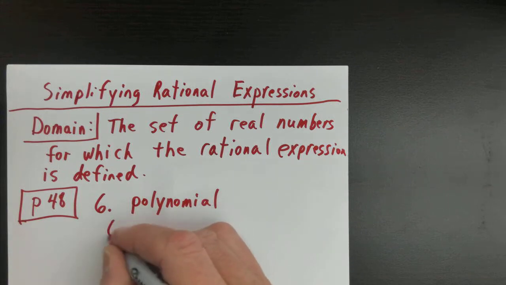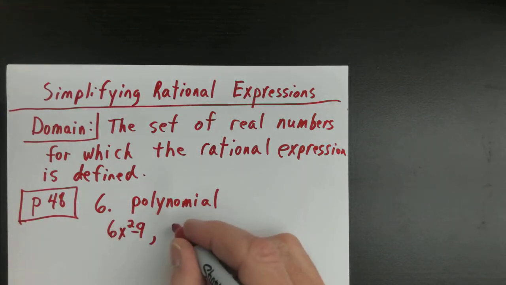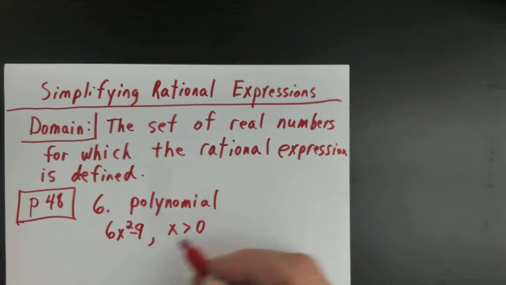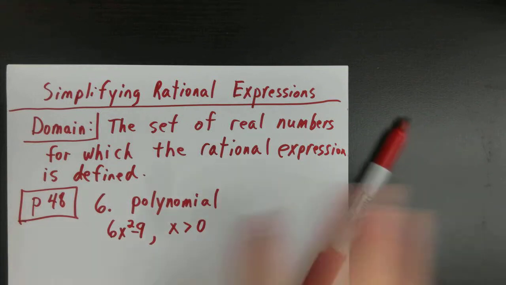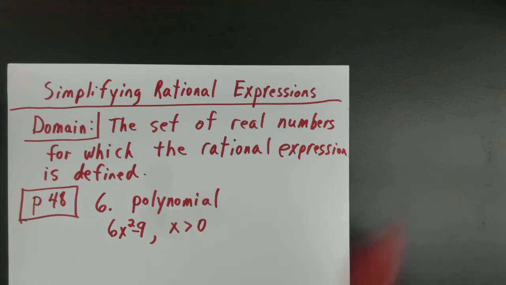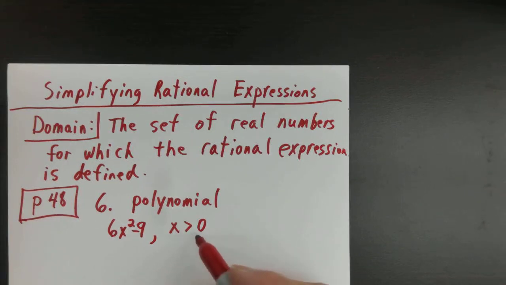Now on number 6, you got 6x squared minus 9. But then you have the x is greater than 0. So if this weren't here, I would say all real numbers. You can put any real number in for x and figure out what 6x squared minus 9 is. But here it says we want to keep x greater than 0.